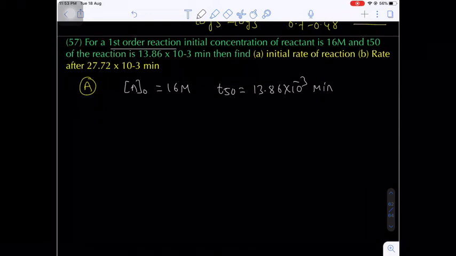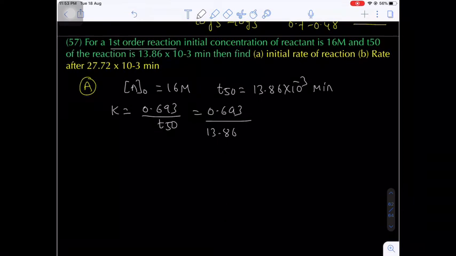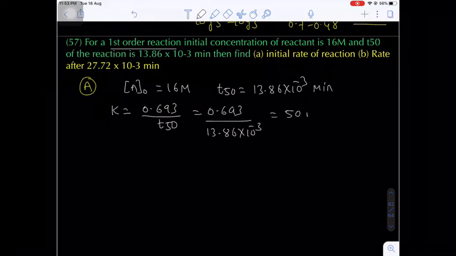From the first order kinetics, can I find the K rate constant with the help of half-life? Yes, 0.693 by T50. 0.693 divided by 13.86 into 10 raised to minus 3. That will be equal to 50 per minute. K value is 50 per minute.